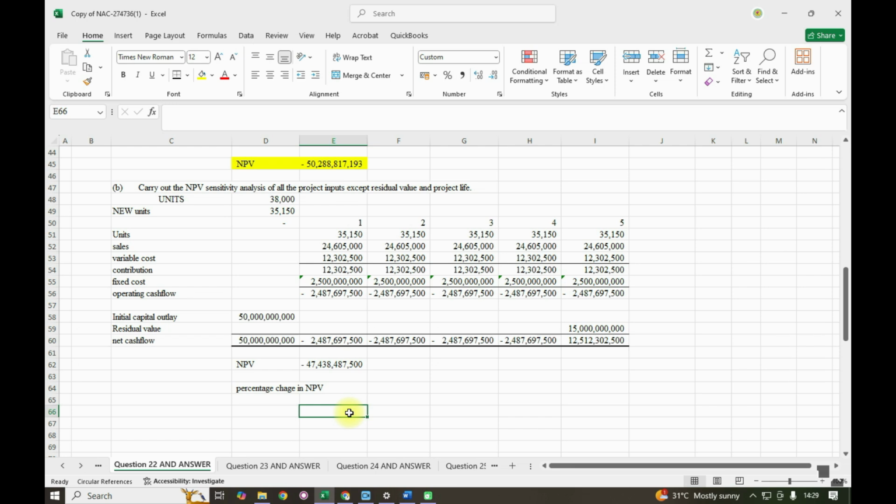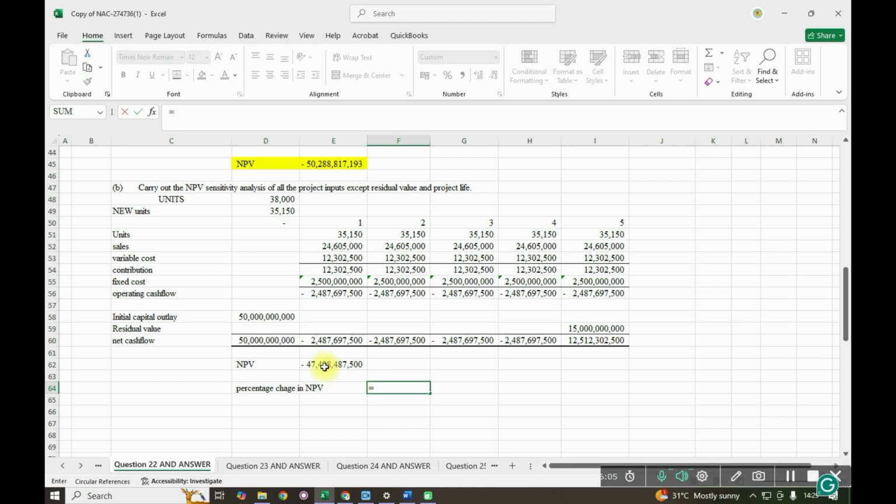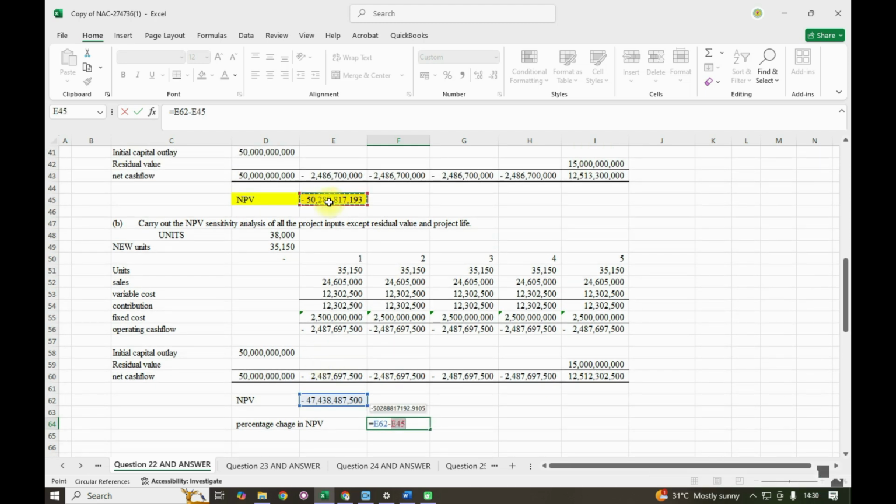If the units reduce to 35, how sensitive will our NPV be? So we shall have the new NPV minus the base, and we divide by the base, so over the base.